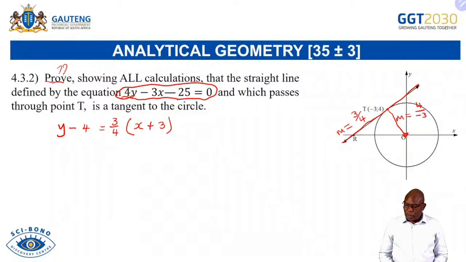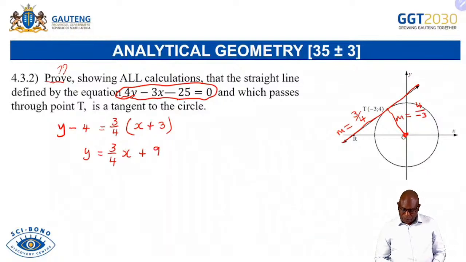All right. So I'm going to say y is equal to 3 over 4 x plus 9 over 4. So I'm going to get 9 over 4.